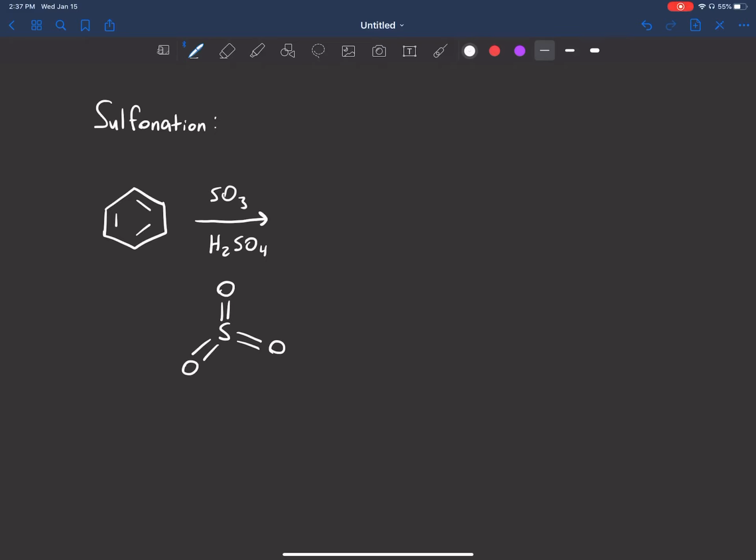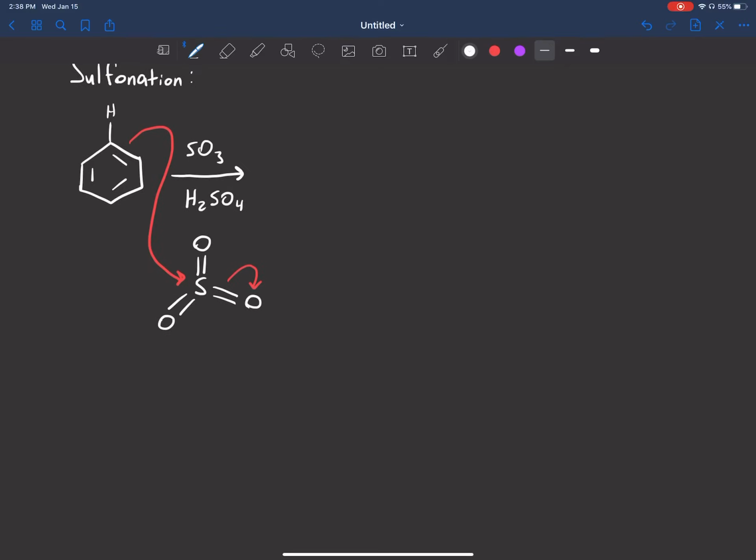So what's going to happen here is the benzene, and let's not forget there's always a hydrogen on those carbons unless otherwise shown. One of those double bonds is going to come in and attack that sulfur, and one of those sulfur-oxygen double bonds moves up onto the oxygen. So what we're going to have is this complex.